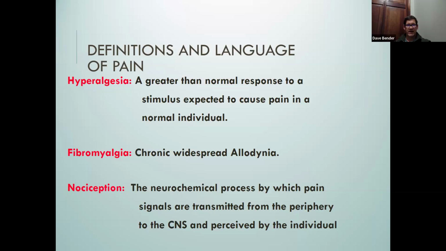It's more of a central pain. I like to really differentiate nociceptive pain from pain coming from the central nervous system, or radicular or irradiating pain, or neuropathic pain, which is coming from the nerve.